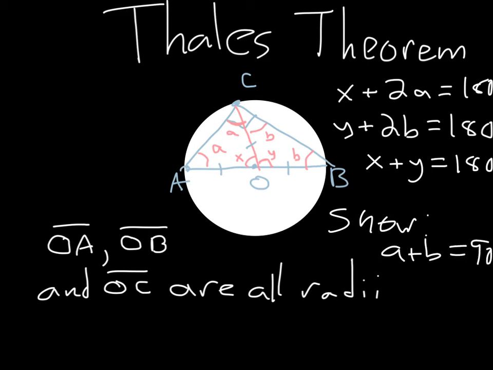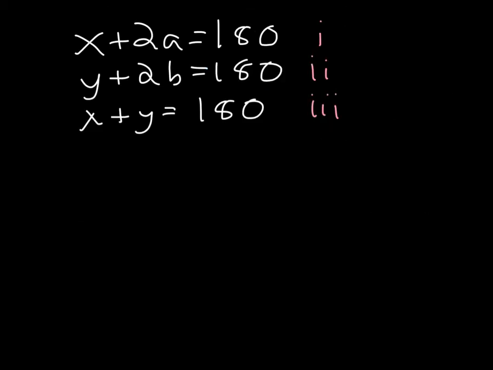That's what we're going to show. So we have our three equations here, and we want to end up with A plus B is 90 degrees. One way we can do it is we can add equation 1 and equation 2 together.